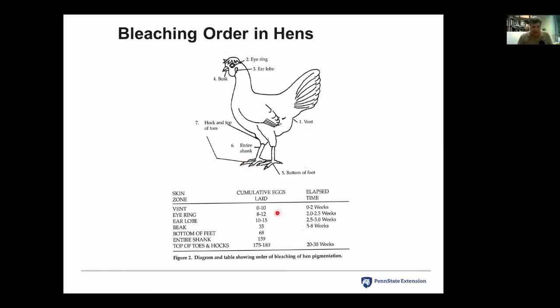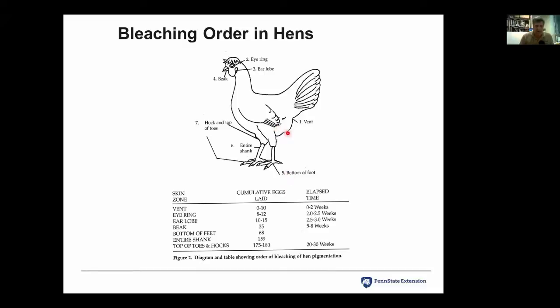And then as they lose color, you'll see a loss of pigmentation, because that pigmentation is being moved from the body stores of fat in the bird to the pigment within the yolk. And so as they're laying eggs, more and more of that pigment is leaving the body. We can age a bird as far as their production as they, what we call, bleach out. They lose the pigment within their bodies.